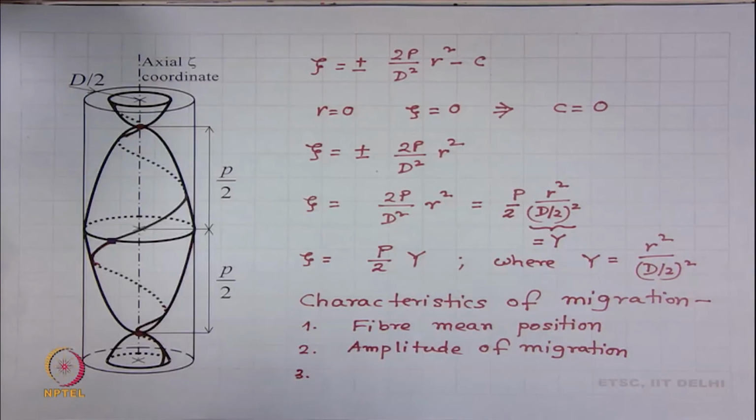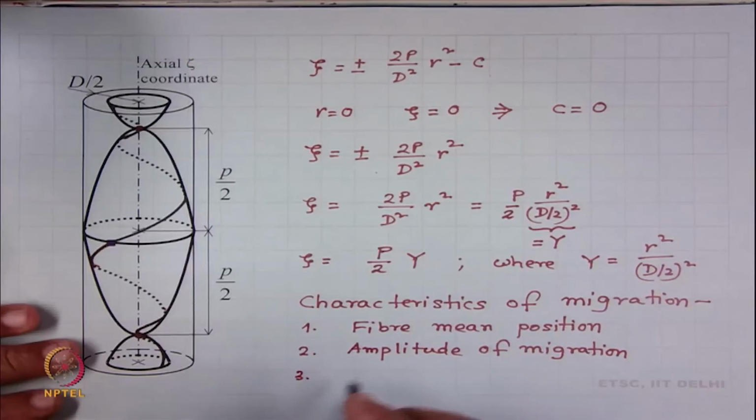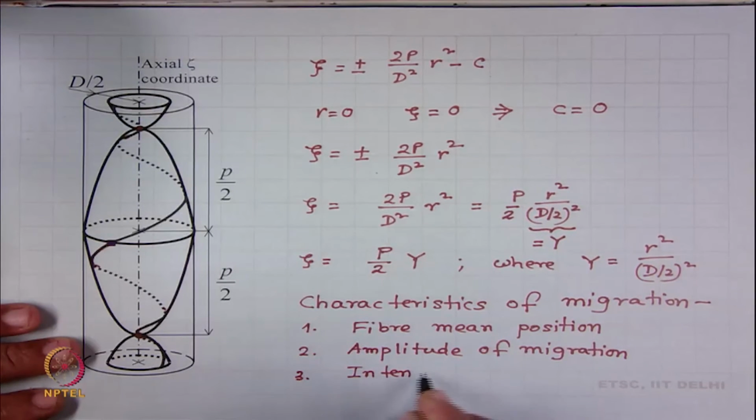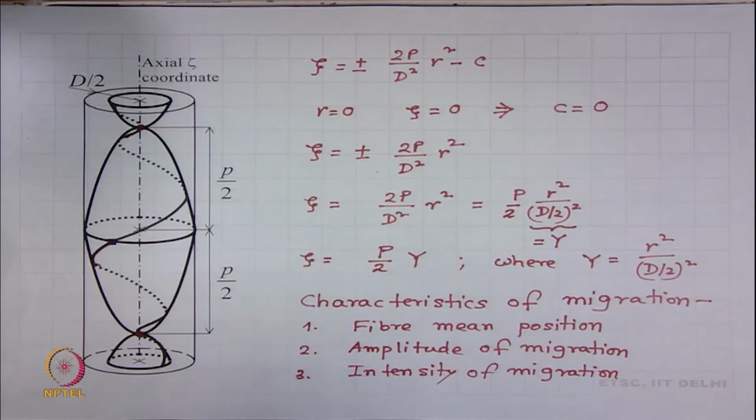How intense is the migration, whether it is slow or fast. We would like to discuss about these 3 characteristics now.